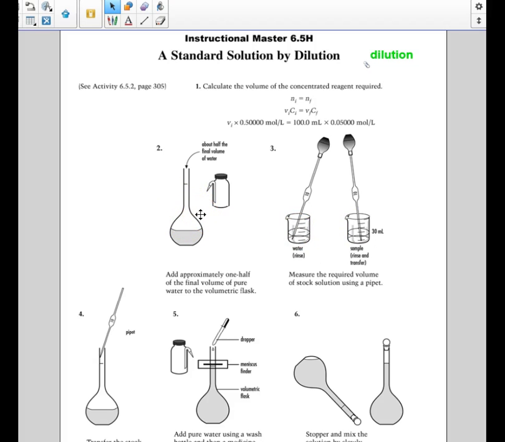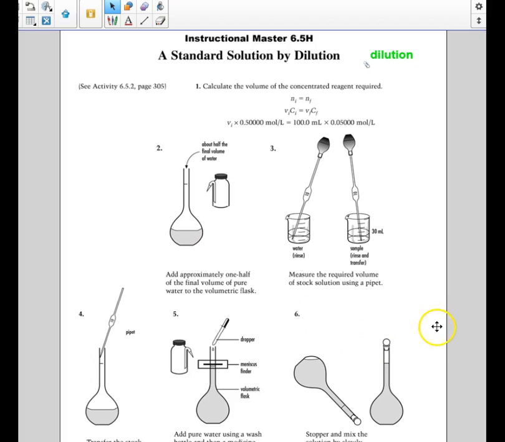I think in that case it wasn't mentioned about half filling it with water. That's not extremely important, but just providing some solvent for the concentrated solution to begin to mix with is a good strategy.